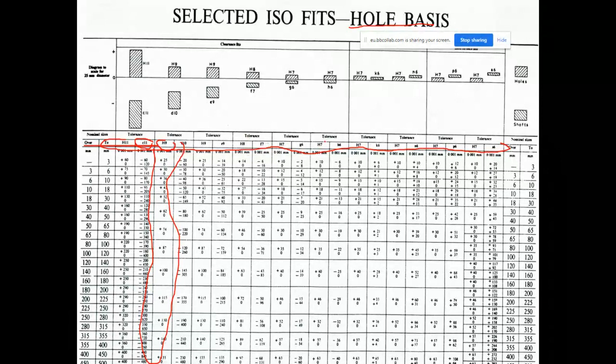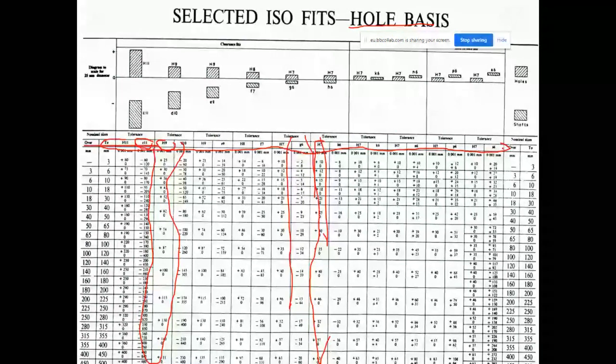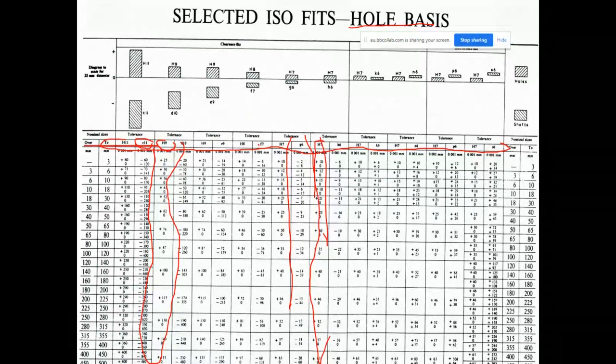This is the H7 column. This is the G6 column, etc. And the F7 column. Of course, we have lots of IT grades, but here this is just for school purposes. We can only see the selected ones finally.